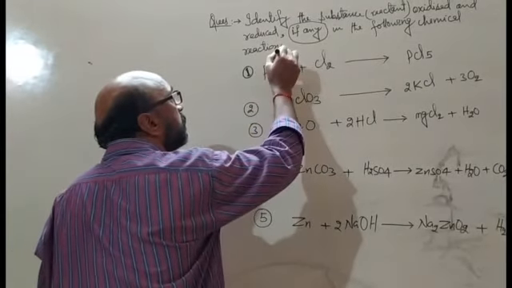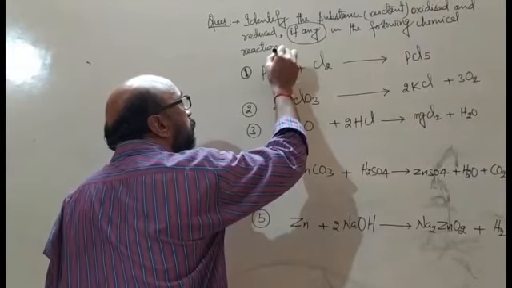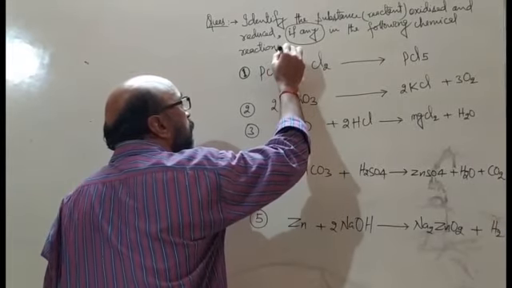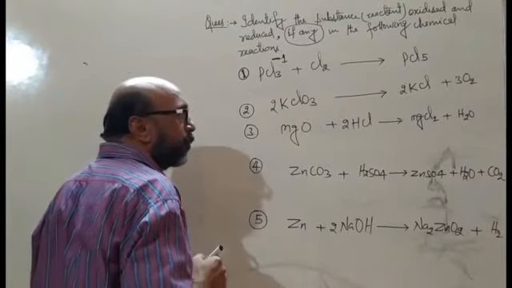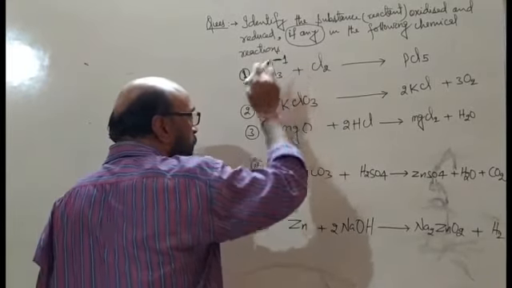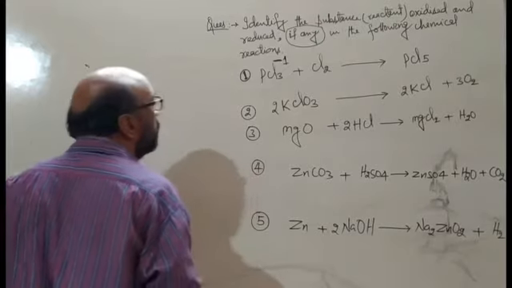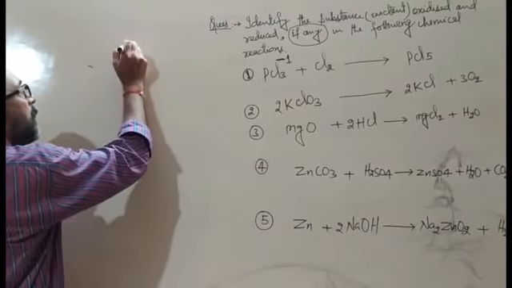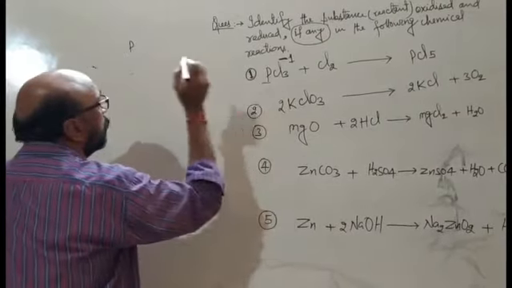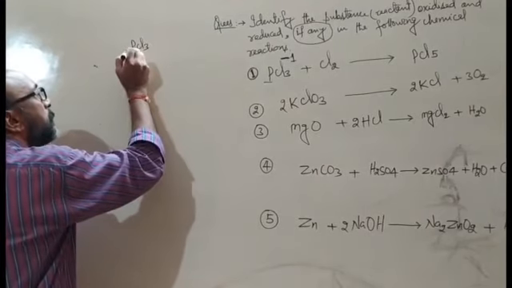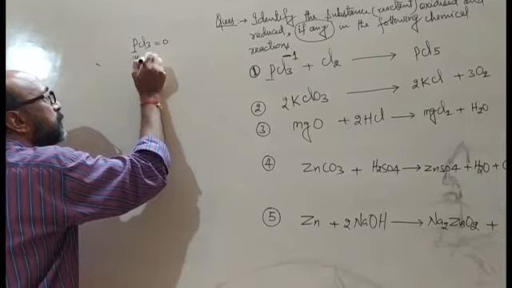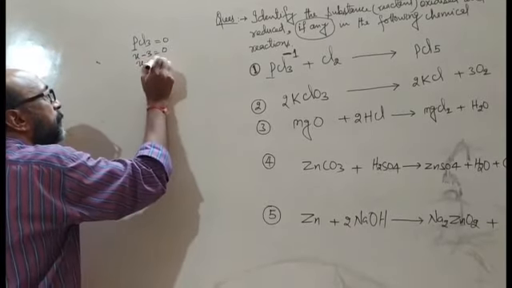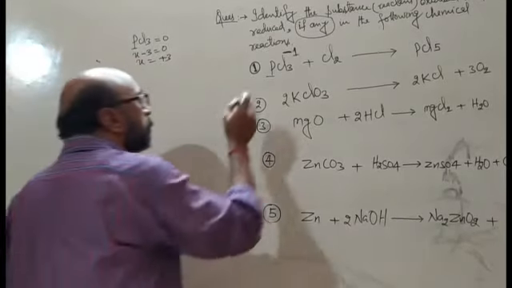Let us start, and to understand the answer of these questions, PCl3 is a chloride in which the oxidation state of chlorine is minus 1. And we need to calculate the oxidation state of phosphorus in this compound. X minus 3 is equal to 0, therefore X is equal to plus 3.